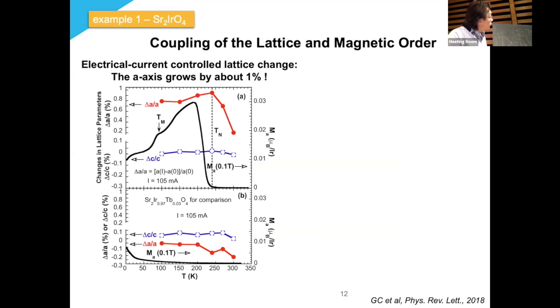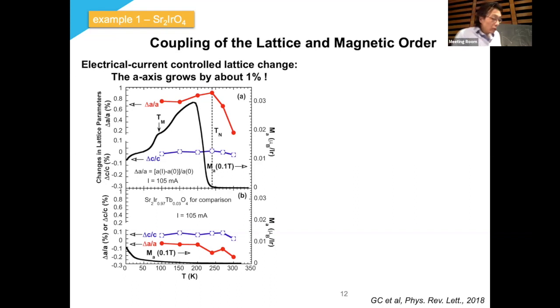The results indicate that when we apply current to this system, the A lattice expanded very significantly. Around this magnetic order, 240, we have this peak here, indicating that the A-axis expanded by about 1%. And the C-axis remains essentially unchanged.